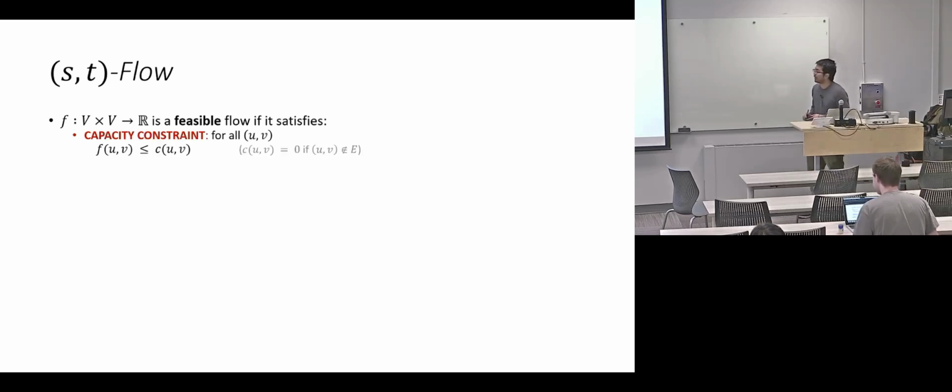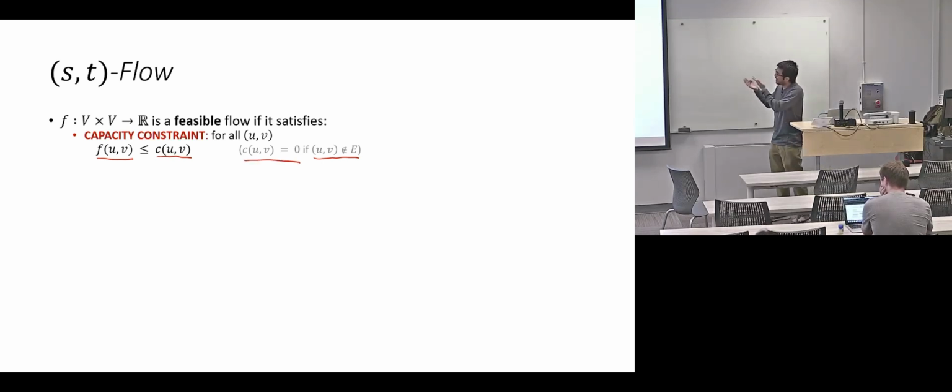You respect the capacity. For all u, v, the flow value from u to v needs to be at most the capacity, right? So it means that, for example, if u, v is not an edge, the capacity is 0, so you cannot send flow from u to v if there is no edge there.